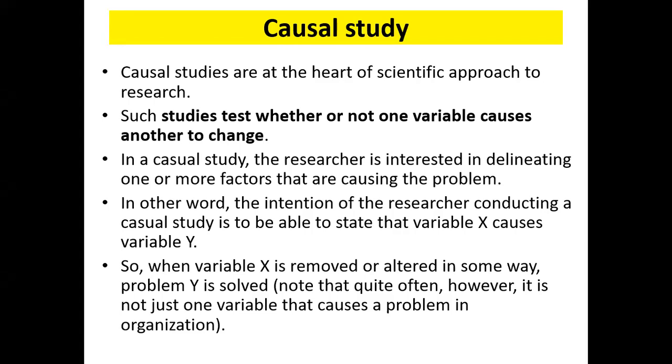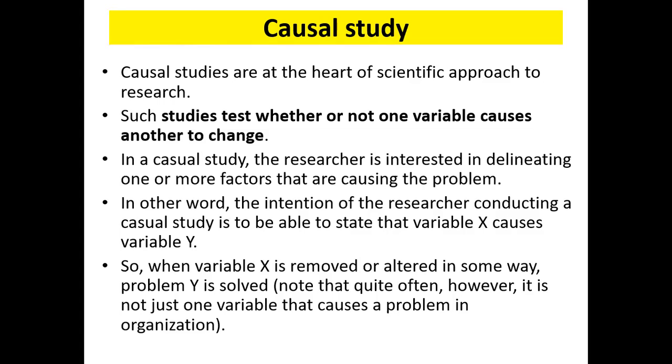In a causal study, the researcher is interested in delineating one or more factors. In other words, the intention of the researcher conducting a causal study is to be able to state that variable X causes variable Y. If you work hard, now the A-level result is out, right? The more the student worked, he gets 3 A's, right?